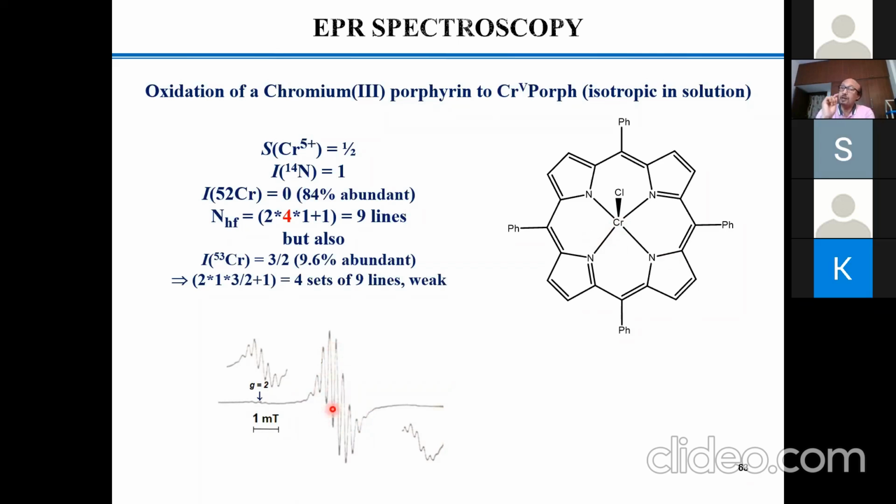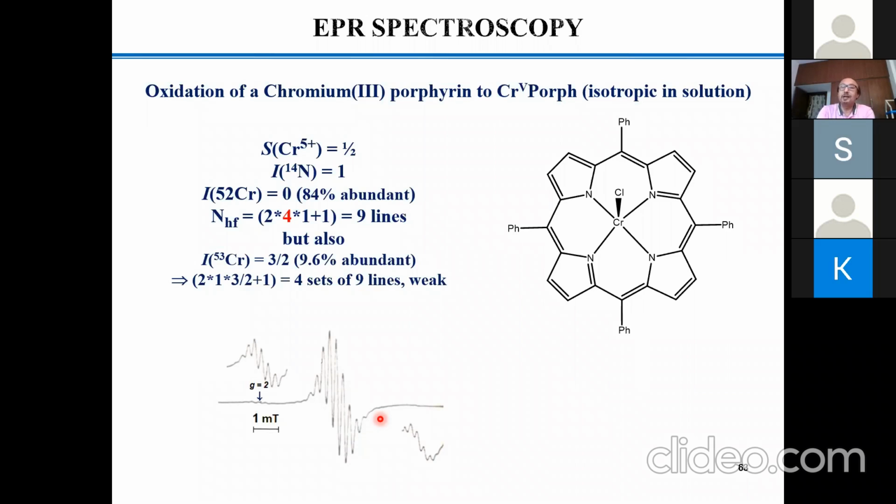One could also anticipate that chloride is also 3 by 2. But if you look at this spectrum carefully, 1, 2, 3, 4, 5, 6, 7, 8, 9. The chloride did not interact with the chromium center.